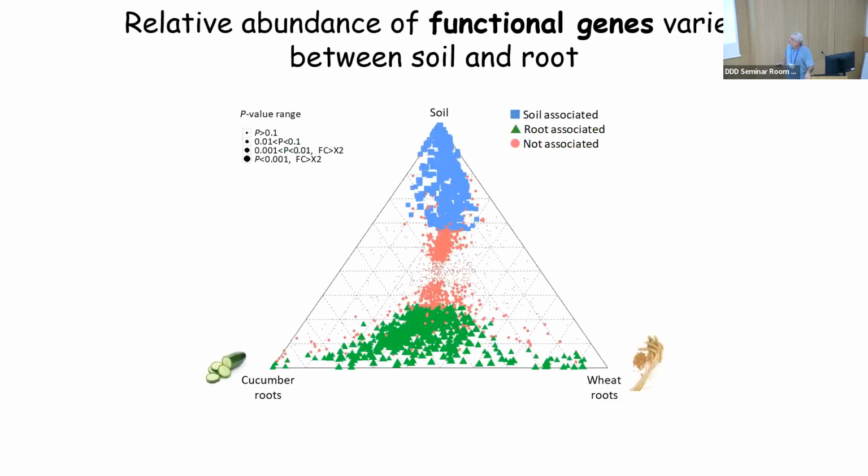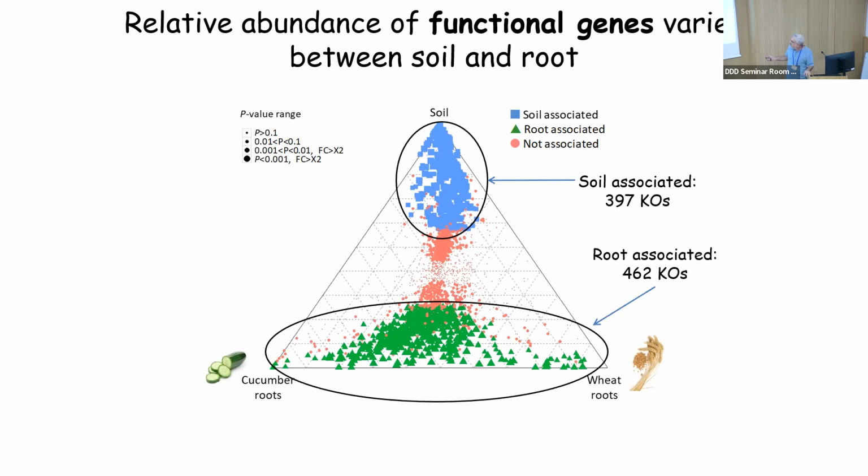So what we found when we looked at the functional genes, and this is a ternary plot that would take me too much time to explain, but basically what you can see is that in the bulk soil of those pots, we see a community that has those genes. Approximately 400 genes that, if you are a soil organism and not a root organism, you have to have this toolbox with you.